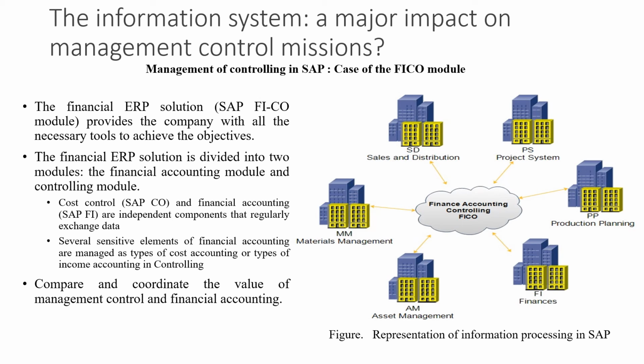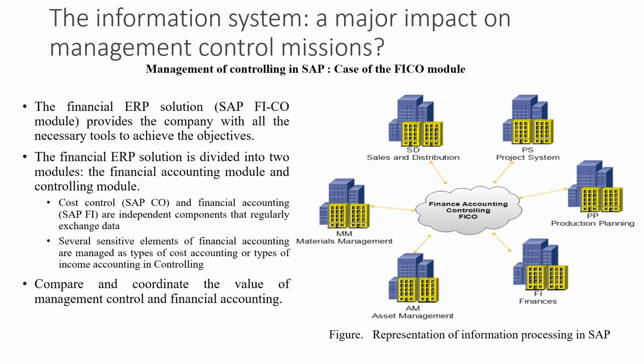So it provides the companies with all the necessary tools to achieve their objectives. In this sense, the financial ERP solution is divided into modules, the financial accounting module and the controlling module, that give the cost control and financial accounting.